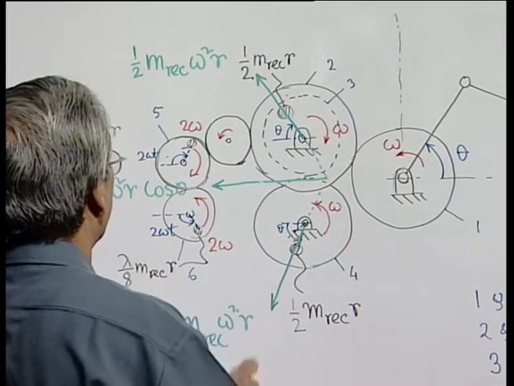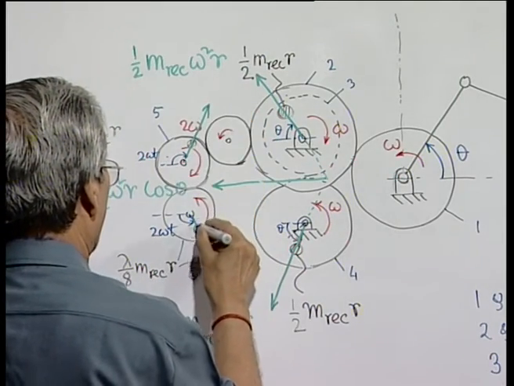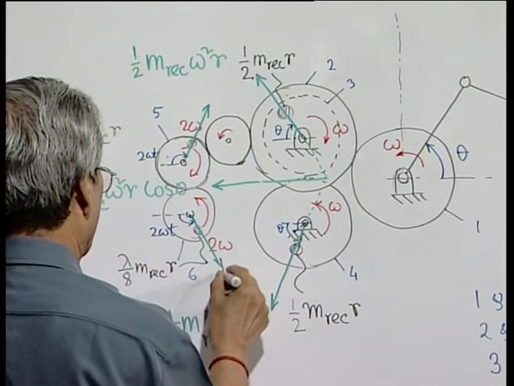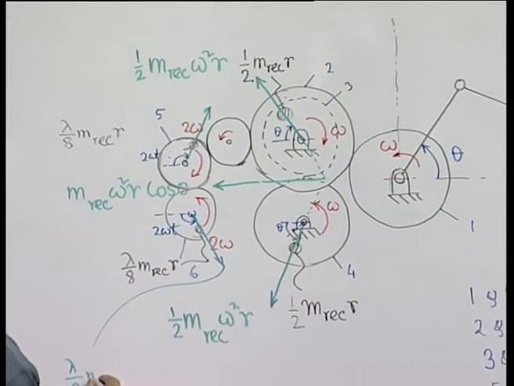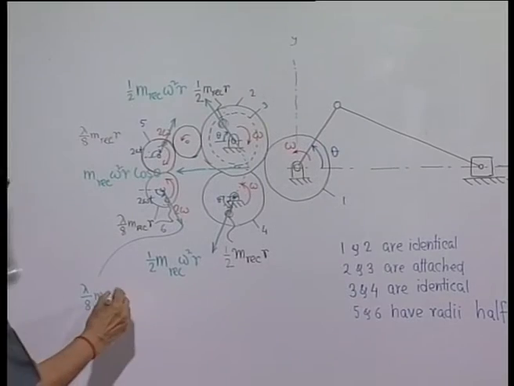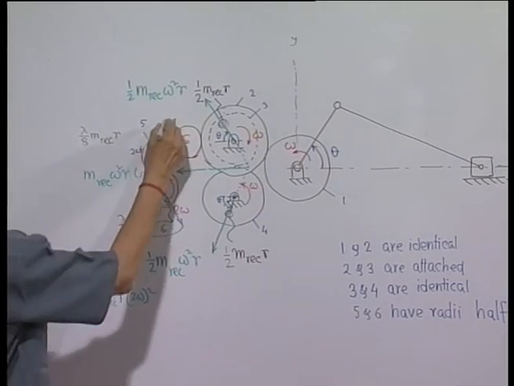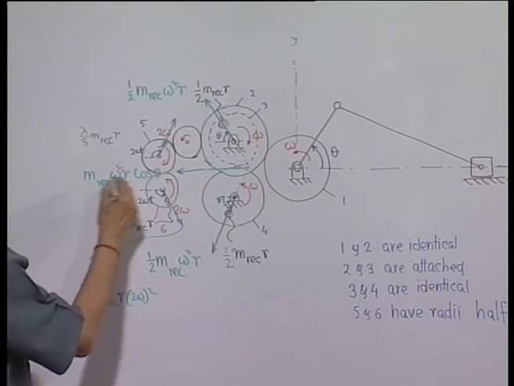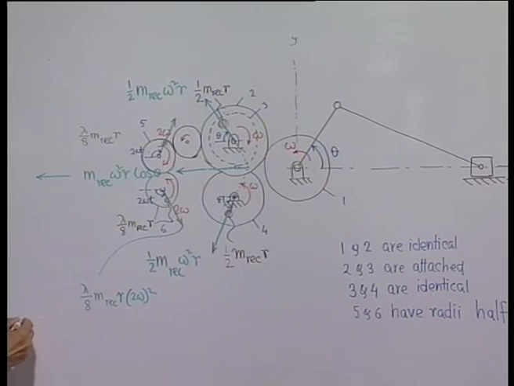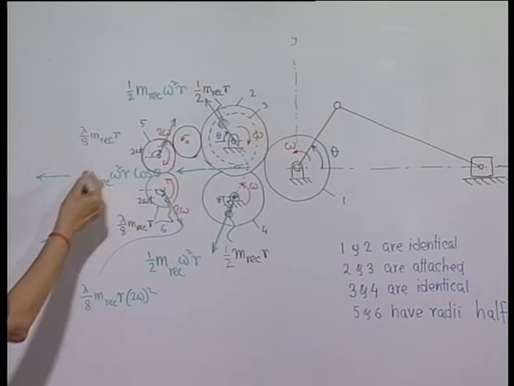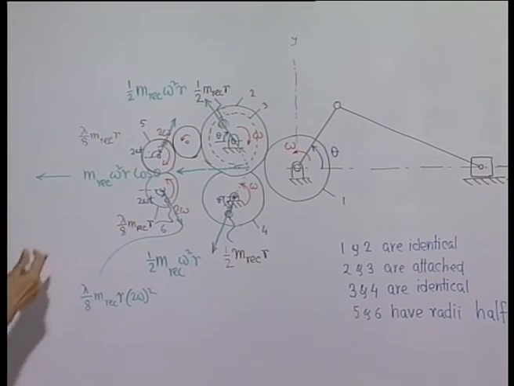What will be the force produced here? This force is lambda by 8 m reciprocating r 2 omega square, and the same is this. The resultant in this direction will be the cosine component of this plus the cosine component of this; the y components are neutralized among themselves.